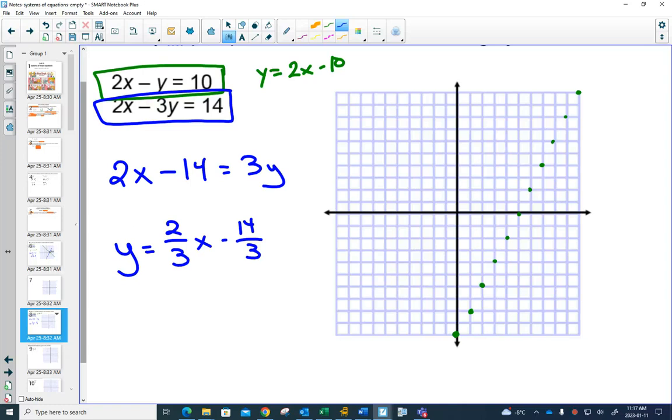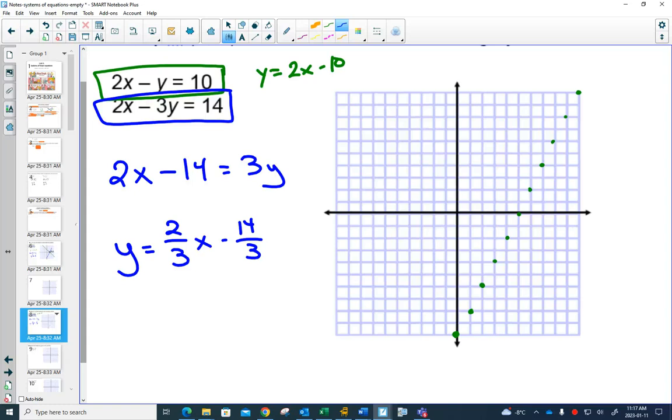Why is it ugly? Because the y-intercept is negative 14 over 3. That is not a nice point to graph. Negative 14 over 3 is, as a decimal, negative 4.66666666. Not a nice point to graph.